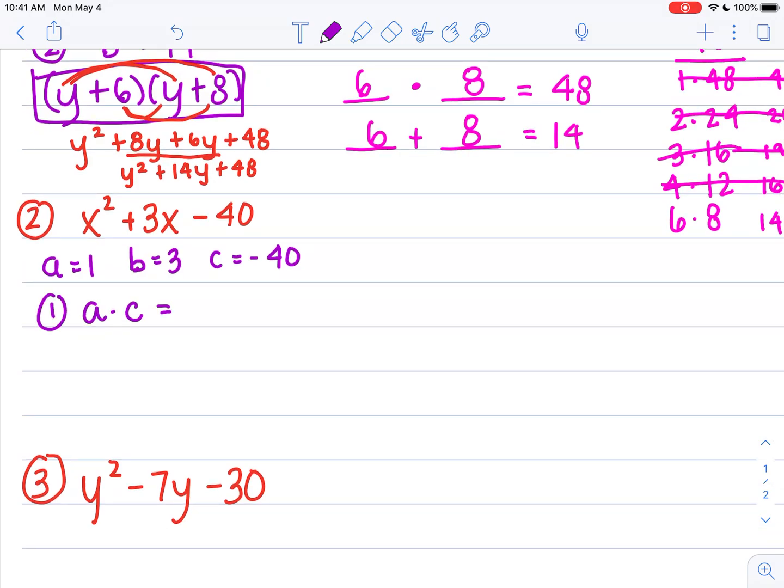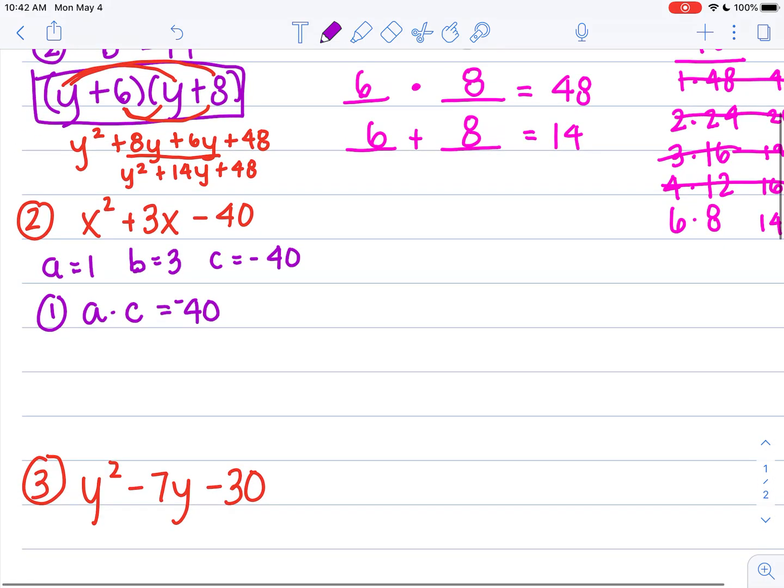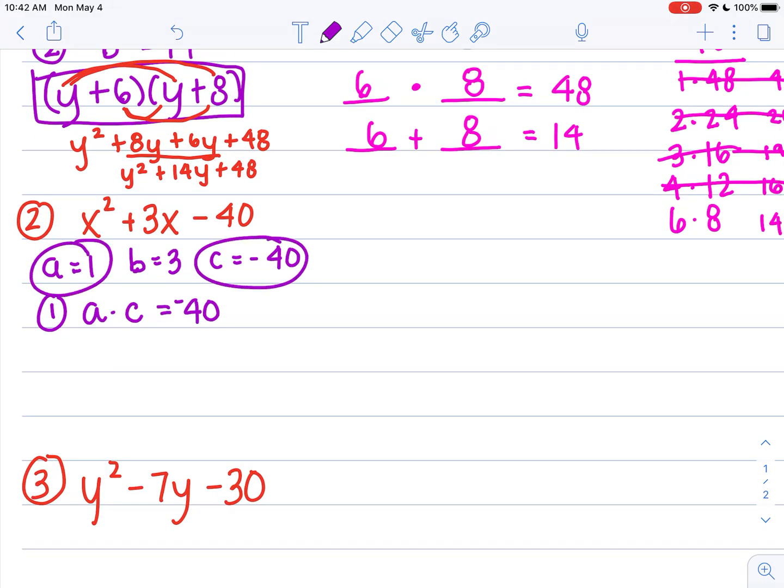So a times c is 40, because we have 1 times, oh, no it's not, it's negative 40, I'm sorry, because we have 1 times negative 40, right, which is negative 40. I'm going to write the negative next to the 40, negative 40.